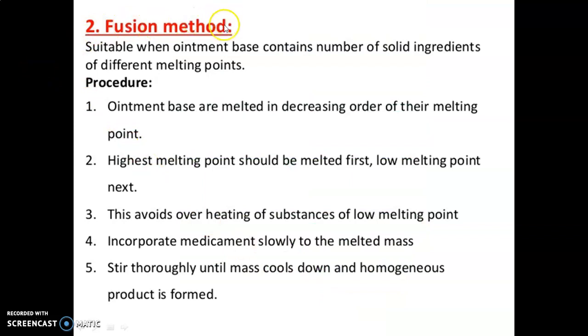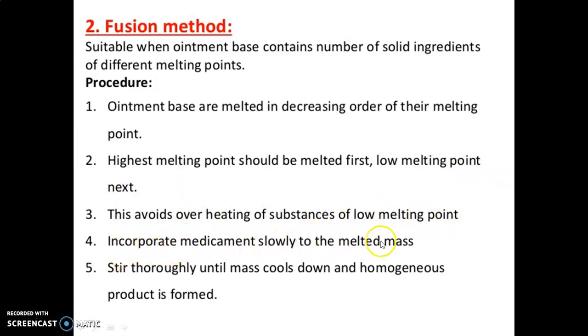Then second one, fusion method, suitable when the ointment base contains number of solid ingredients of different melting points. Procedure: ointment bases are melted in a decreasing order of their melting point. Highest melting point should be melted first, low melting point next. This avoids the overheating of the substance of the low melting point.